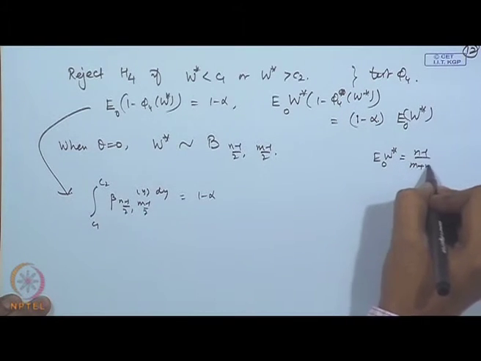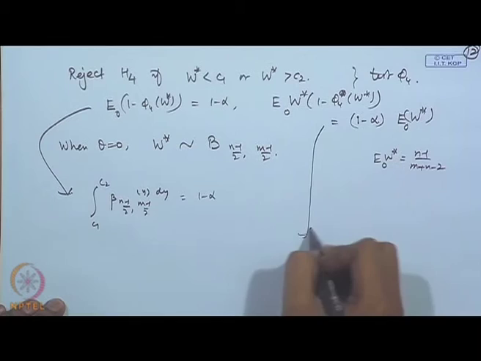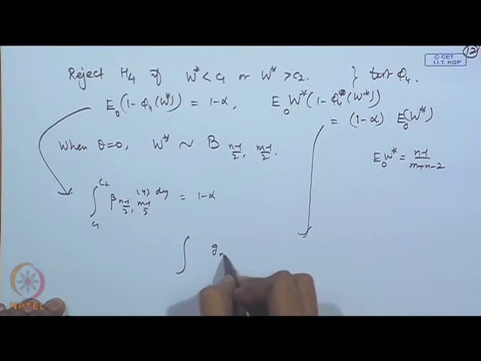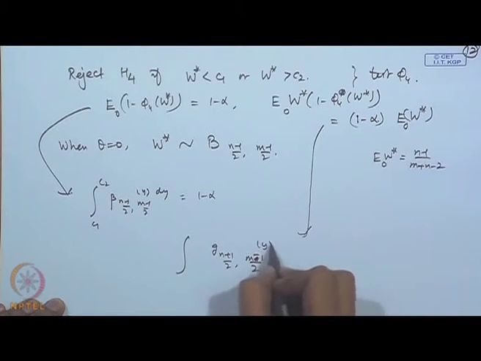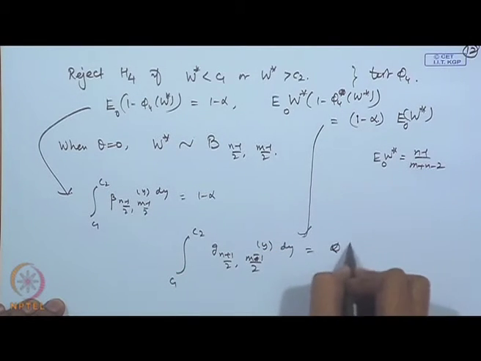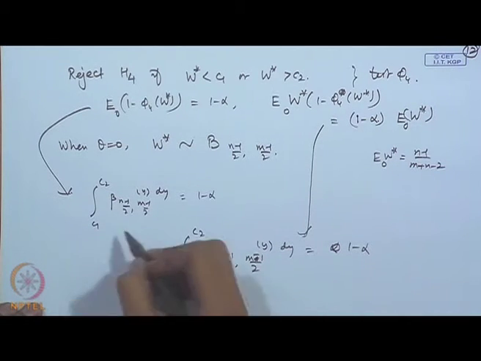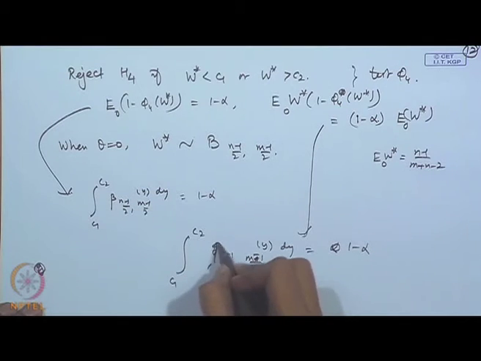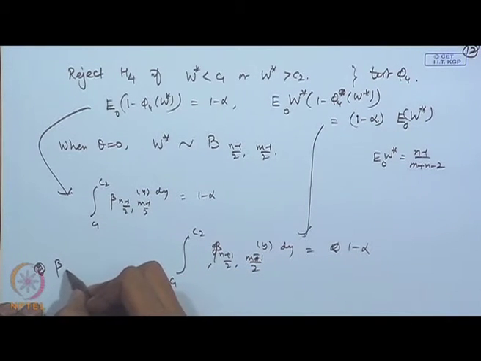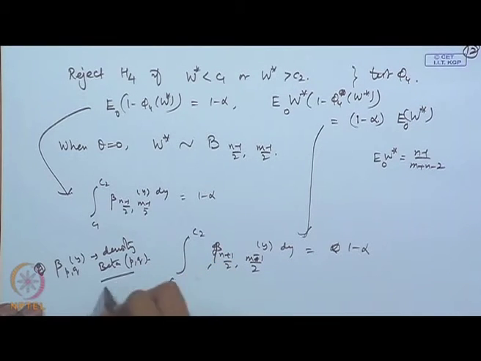And the second condition we can simplify, because expectation of W star is actually (n minus 1) by (m plus n minus 2). If we utilize that, then this condition can be transformed to the integral of the beta density with parameters (n plus 1) by 2 and (m minus 1) by 2, y dy from C1 to C2, is equal to alpha times 1 minus alpha. Here I am using beta p q of y, the density of a beta distribution with parameters p and q.